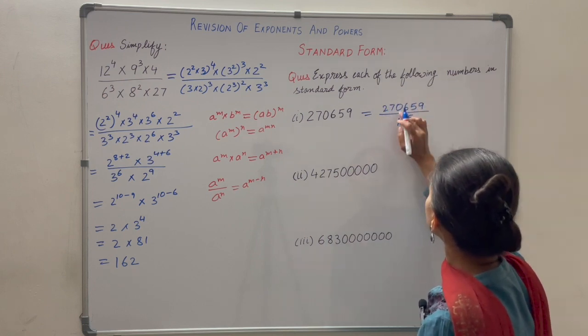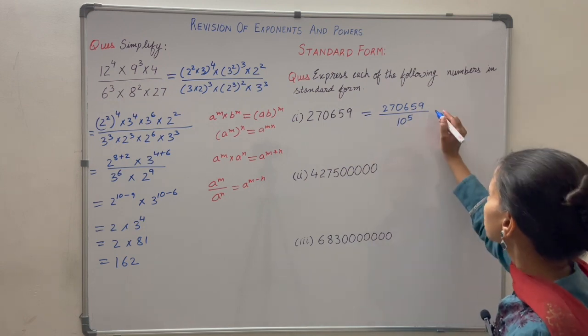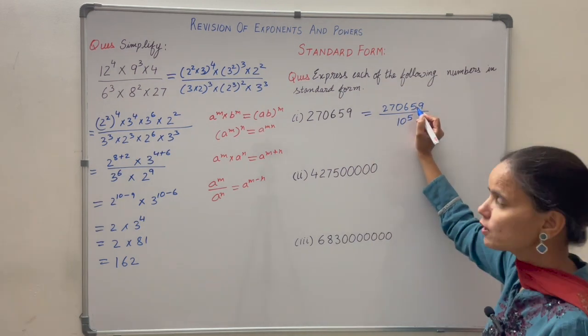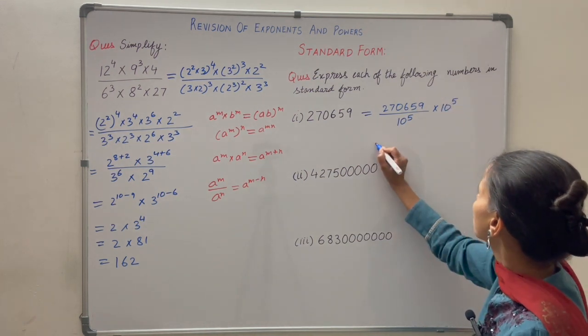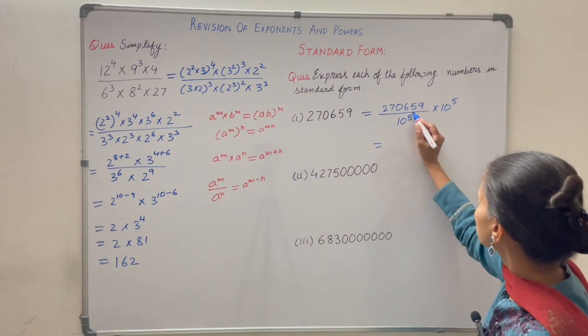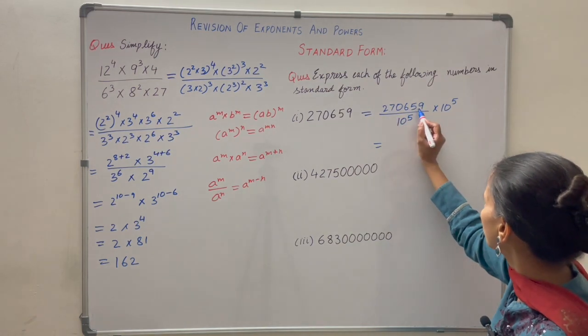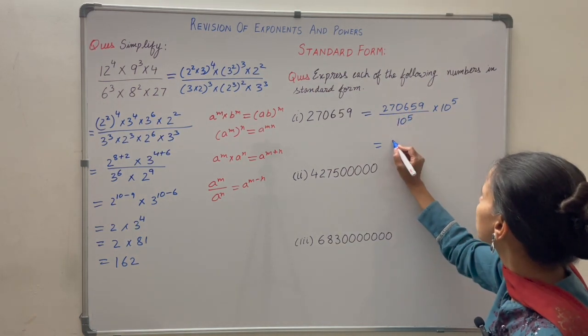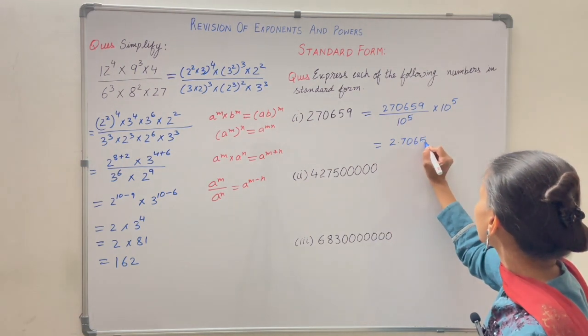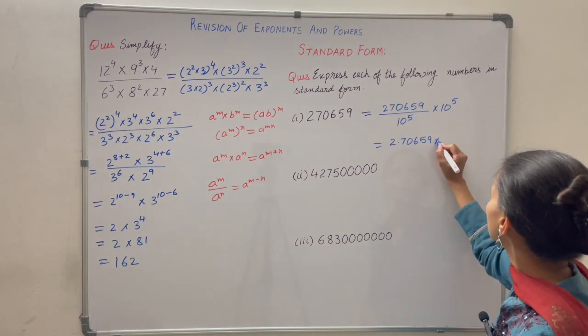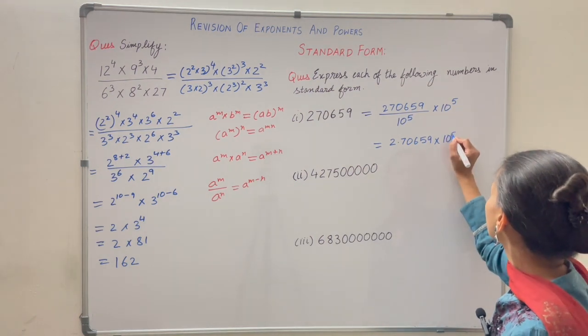So if you have divided this number by 10 raised to the power 5, for this number to remain unchanged, you have to multiply also by 10 raised to the power 5. So when you divide it by 10 raised to the power 5, the decimal point will come here. 1, 2, 3, 4, 5. So this is 2.70659 into 10 raised to the power 5.